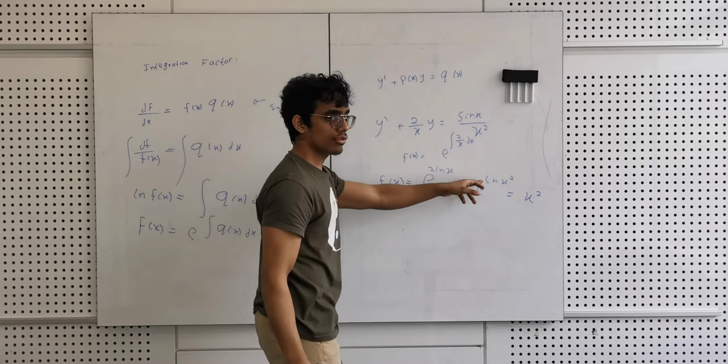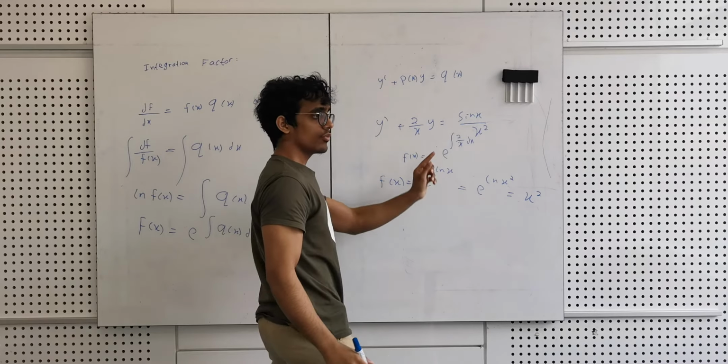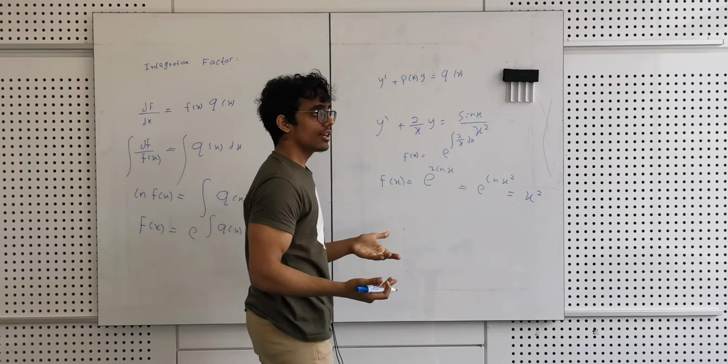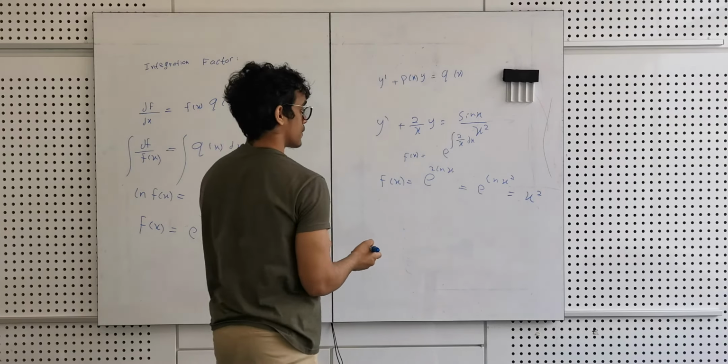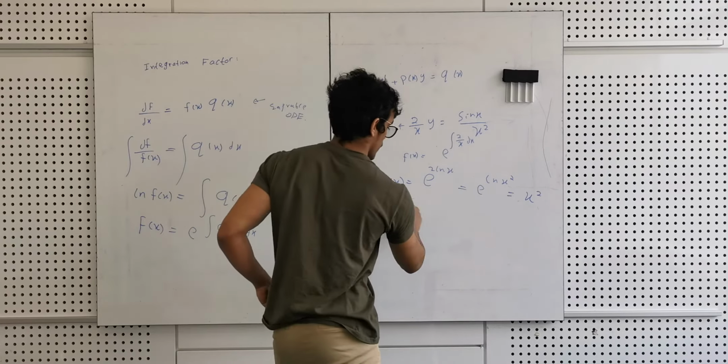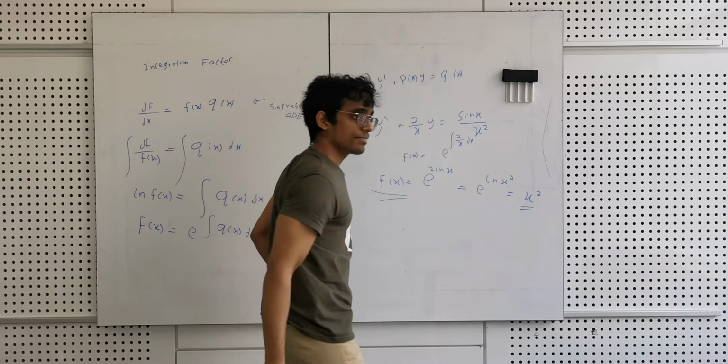Since we have the natural logarithm function and the exponential function, they give us back the original value, which is going to be x squared. So the first step is we found that function f of x.